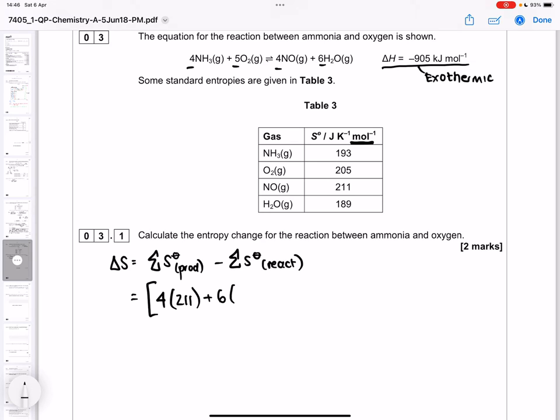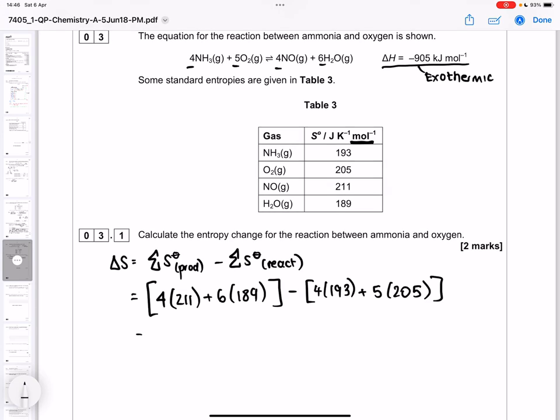And then we're going to subtract the sum of, so that's why we've got the big brackets, so 4 lots of 193 and 5 lots of 205. So we need to type all that in our calculator, trying to keep the rules of BODMAS, making sure that we're paying attention to the brackets.